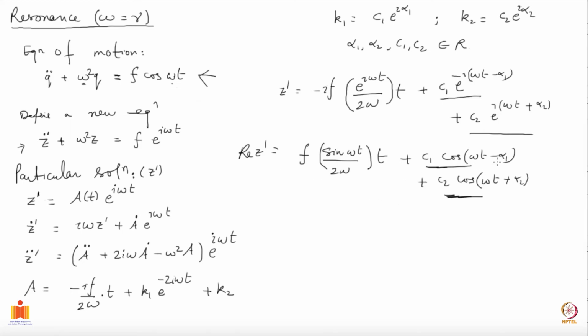So these two you can drop, you can put the constants c1 and c2 to 0, and you can do so because this thing is anyway available in the homogeneous equation.